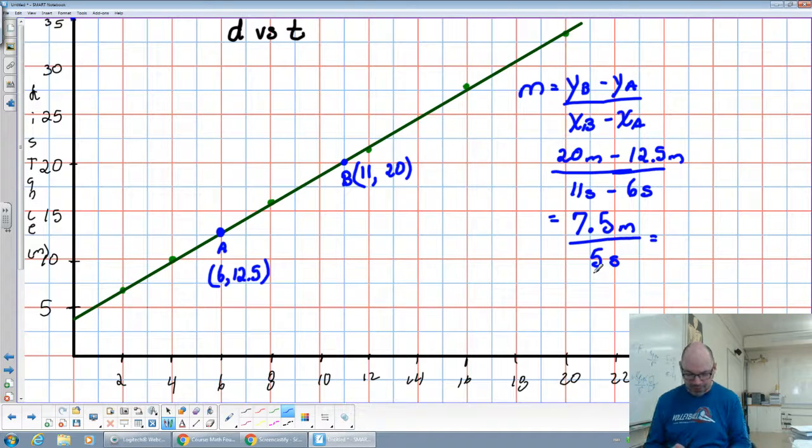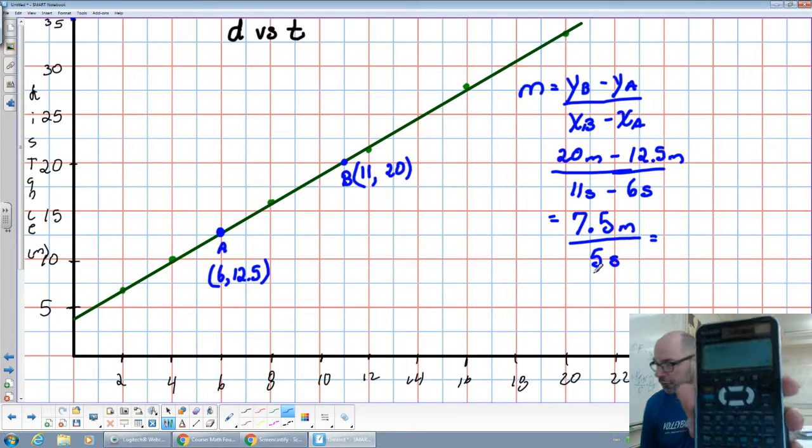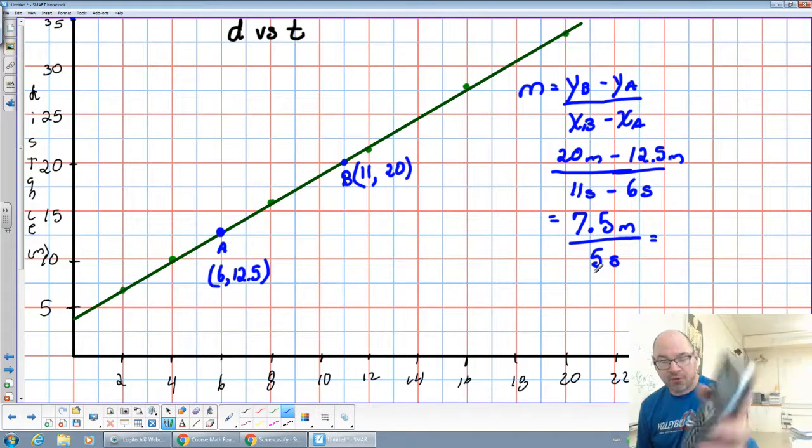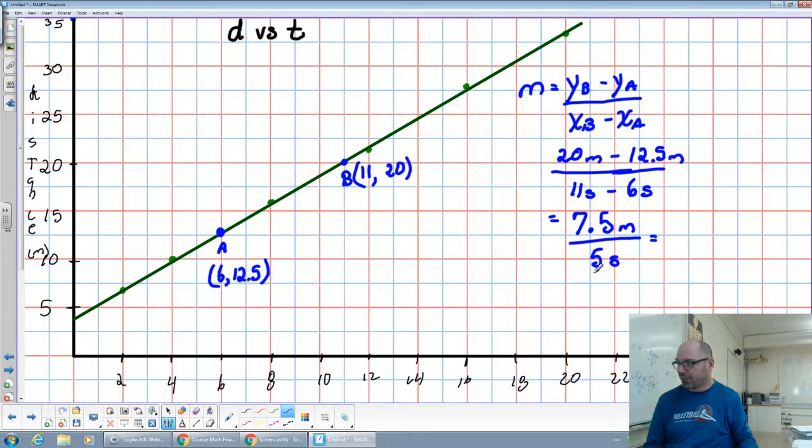So let's see what we get. Okay, I get 1.5, or 3 over 2 if you like fractions. It's 1.5. So that's our slope, in meters per second. Actually, the speed of this, if you know physics. But that is our slope.